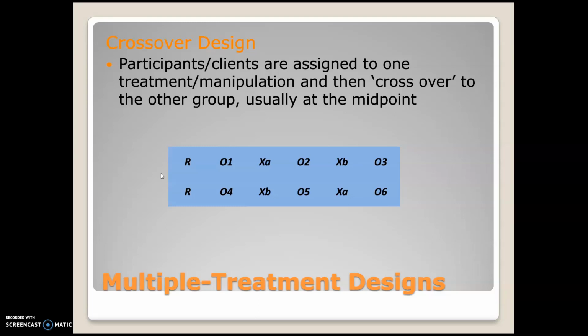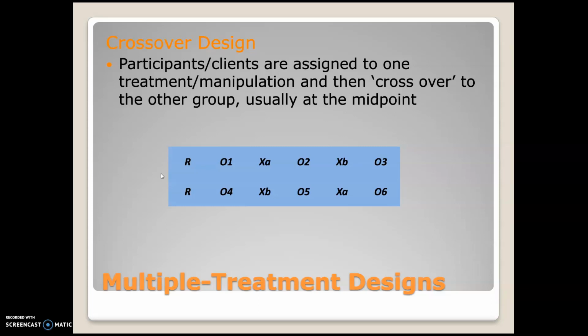The crossover. Let's say perhaps you're a therapist and you've got two different groups of clients. The top group is group 1. The bottom group is group 2. People are randomly assigned, notice the capital R at the beginning, to either group 1 or group 2. You're trying to decide, in the treatment of depression, if you need to introduce therapy first or medication first. XA is therapy. XB is medication.